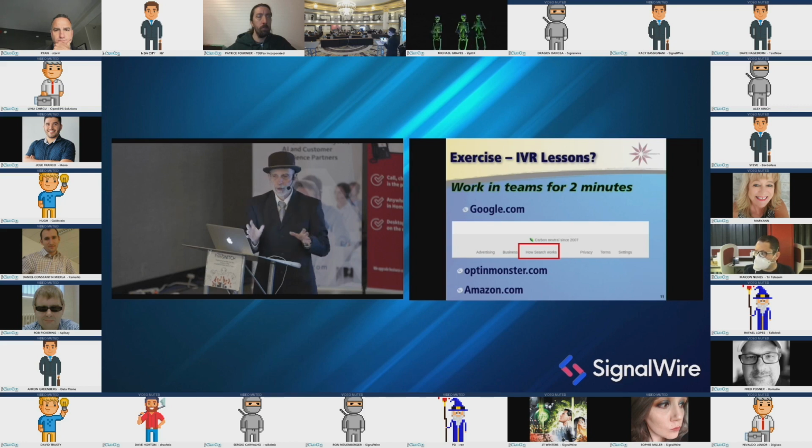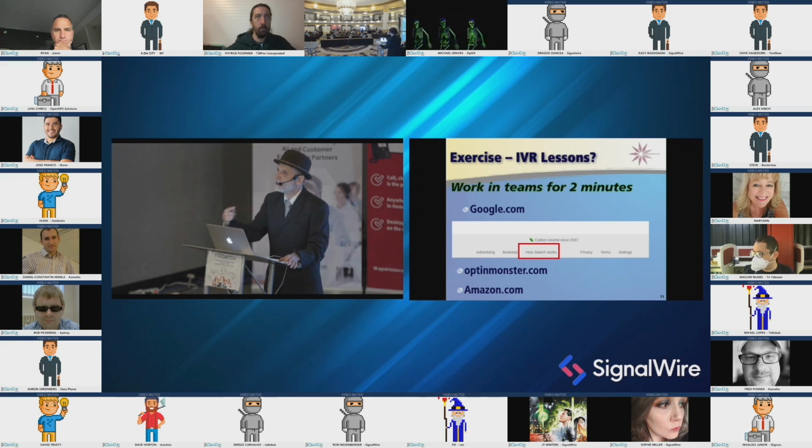People are going to work in teams for 2 minutes. That means you guys over there, out there on the web. I picked these more or less at random, and I'm giving you examples. You do not have to work with these examples. Once again, Google.com.